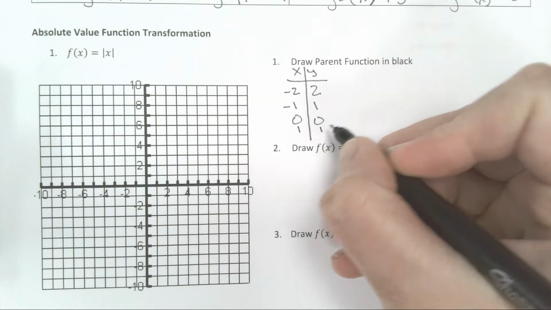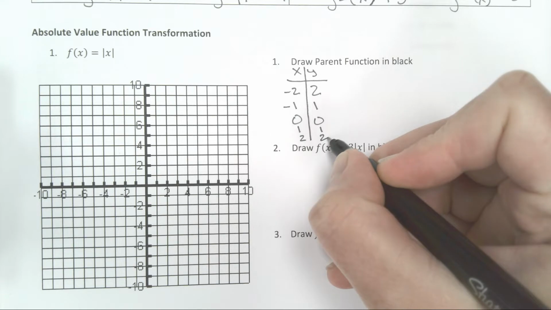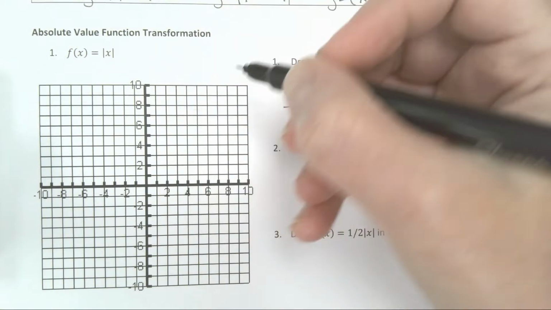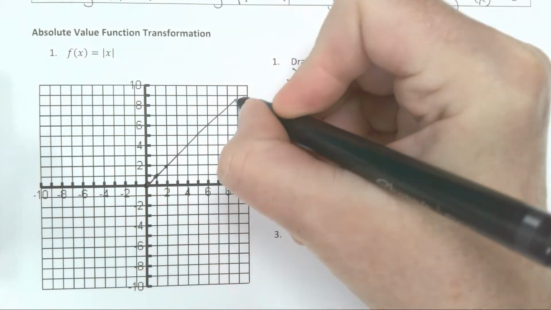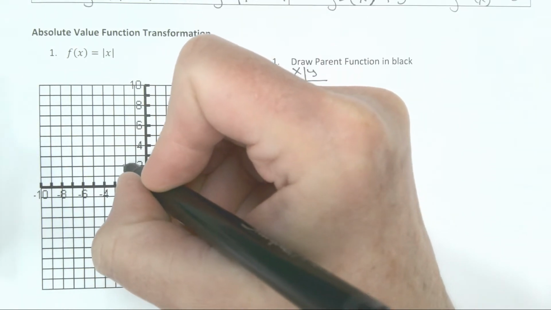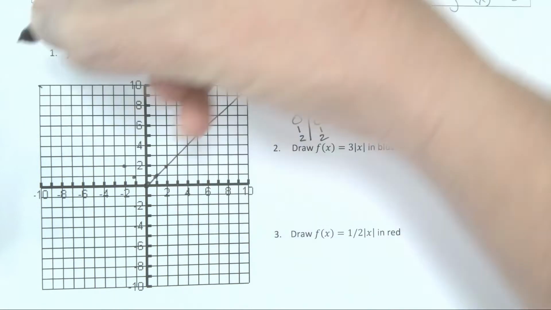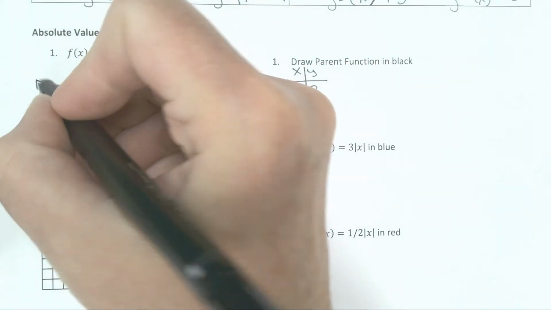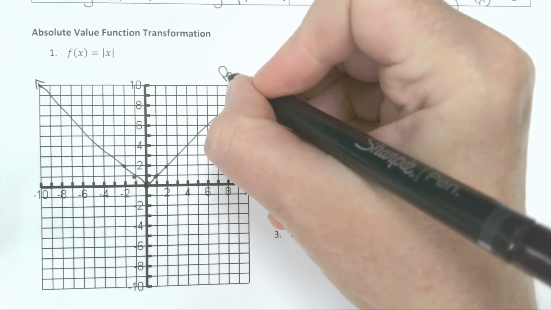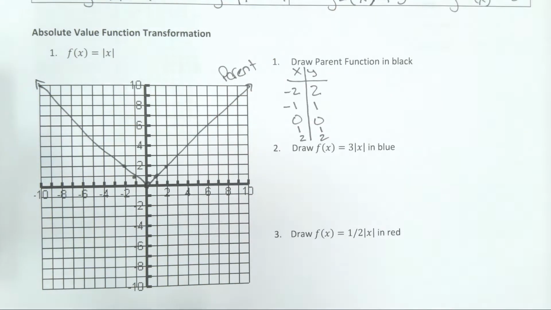The absolute value of 1 is 1. The absolute value of 2 is 2. So we have these points here. And let's see if I can connect the dots all the way back. Okay. So the black one is going to be my parent function.